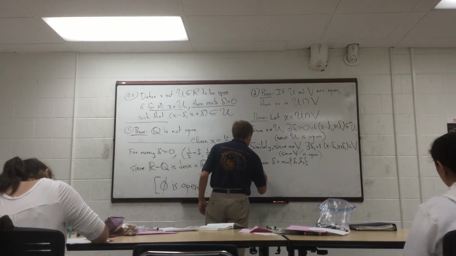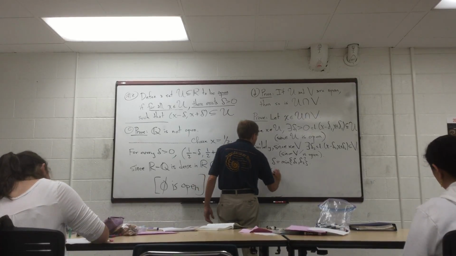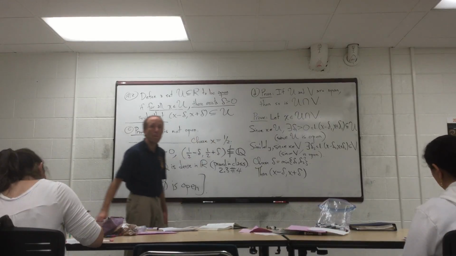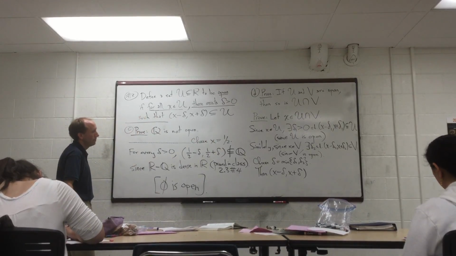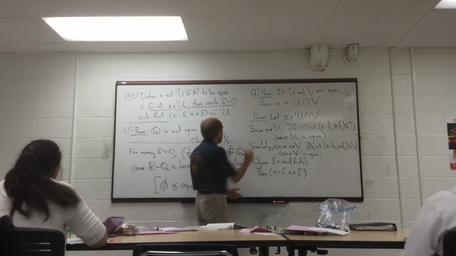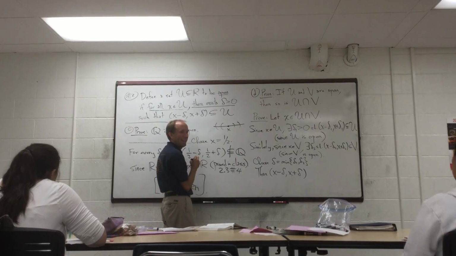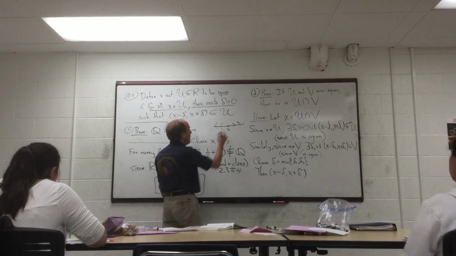So then the interval x minus delta to x plus delta. If you're taking the minimum delta, here's x, and you have two neighborhoods.